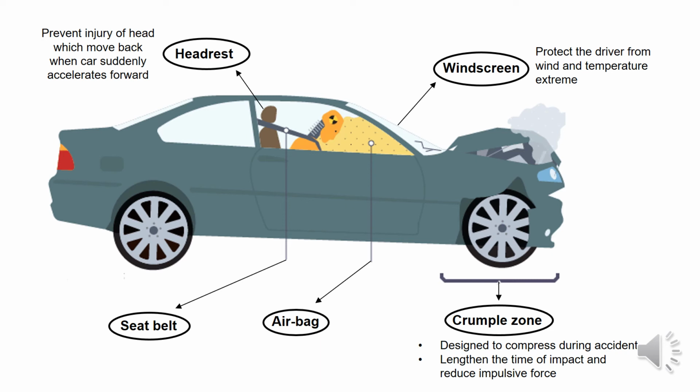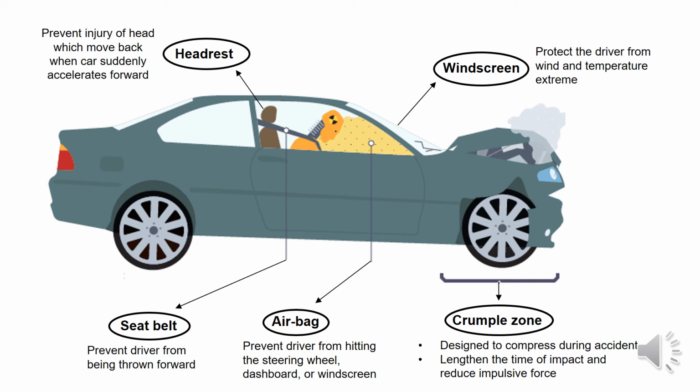It will lengthen the time of impact and reduce impulsive force. Fourth, the airbag was designed to prevent the driver from hitting the steering wheel, dashboard, or windscreen. Last but not least, the seatbelt was designed to prevent the driver from being thrown forward.